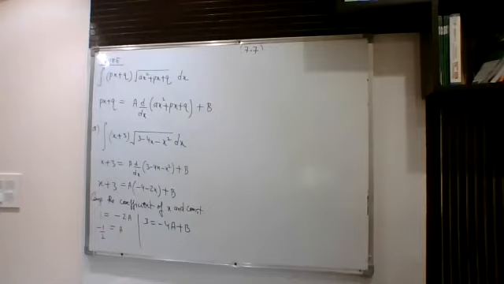So the second equation is 3 is equal to, this constant, minus 4A plus B. Now you will just put the value of A in this equation.